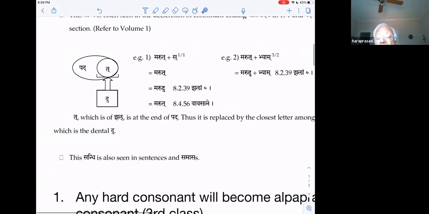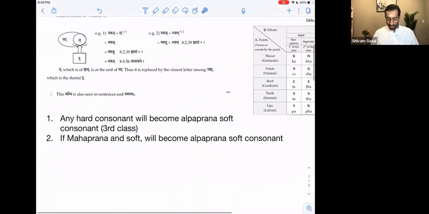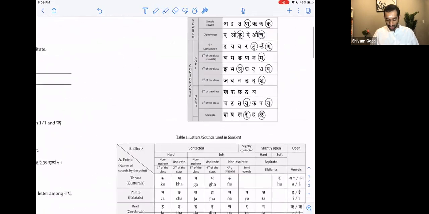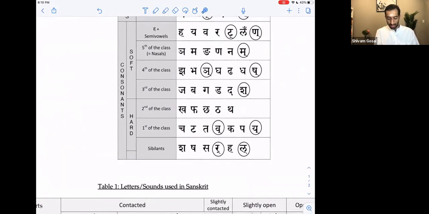There's one more question about why I referred to alpaprana and mahaprana. Technically the rule is any jal becomes jash. Now, jal includes these. If it's one of these, it's already soft, so it becomes the alpaprana version of it.